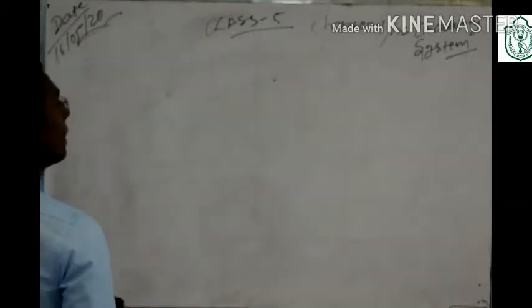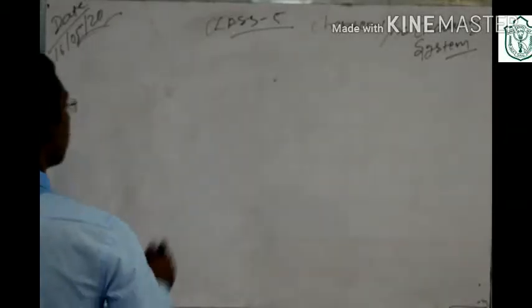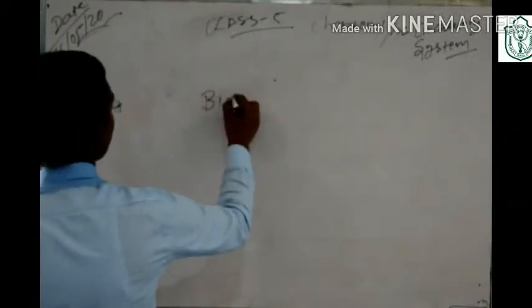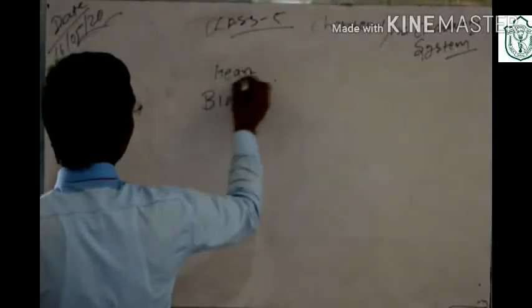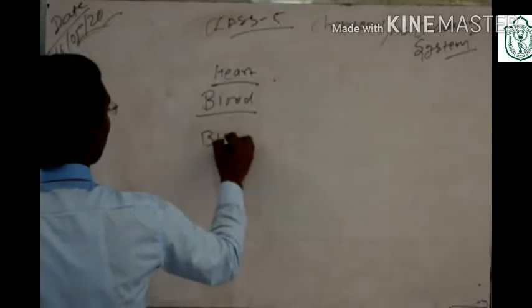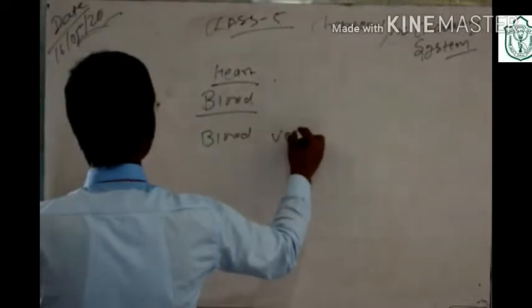The main components of the circulatory system are heart, blood, and blood vessels.